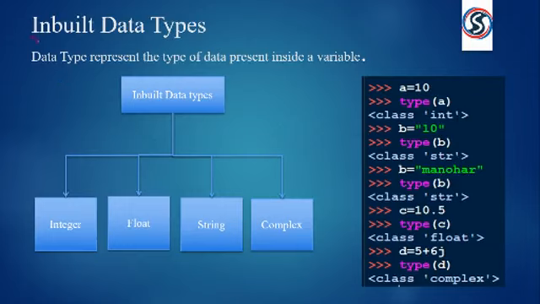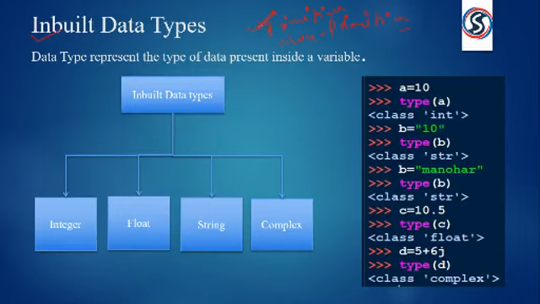Coming to the next, inbuilt data types. Whenever I am talking about data structures in Python, we have two types of data structure. One is the primitive data structure, and the second is the non-primitive data structure. What is the meaning of primitive data structure?